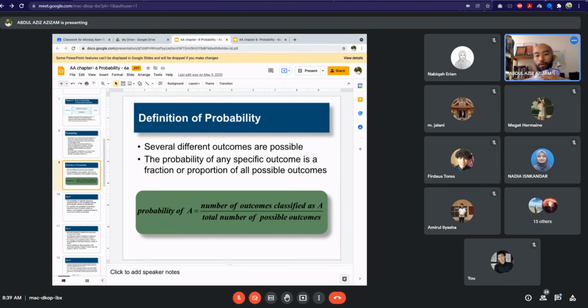Okay, for example, we have this playing card. You guys familiar with this card? Yes, sir. Familiar or very familiar?